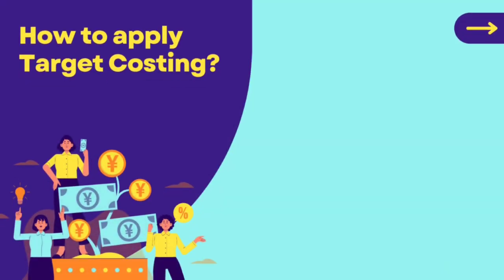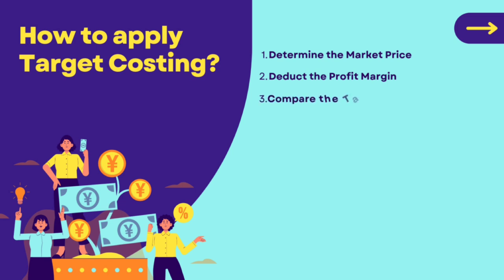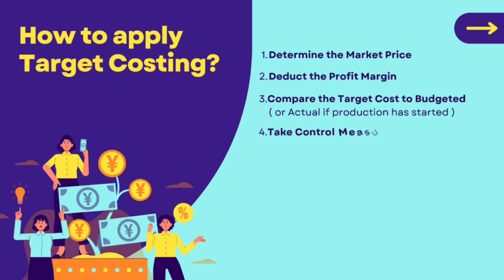Now, let's see how to apply target costing. First, determine the market price. Next, you need to deduct the profit margin that the company wants to earn. After that, compare the target cost to the budgeted cost or the actual cost if production has already started. Finally, take control measures.